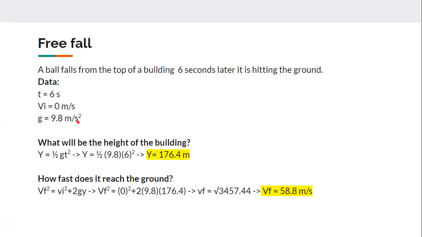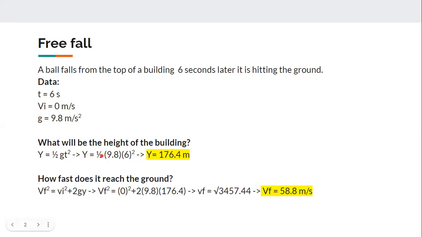So first, we want to get the height of the building. To get this, the formula is the height of the building equals 1/2 times gravity times time squared. In this case, we don't need to include the initial velocity because it is 0. But if it was a number other than 0, we would have to include it here.